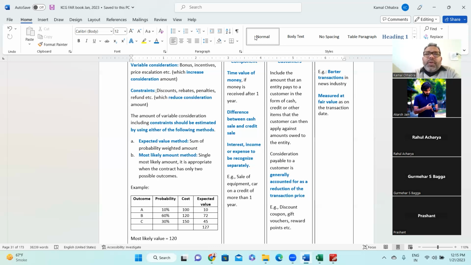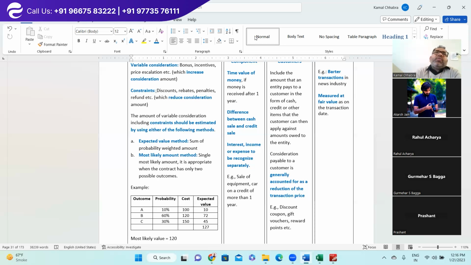For example, if you are selling 1000 cars in a year and you are estimating that approximately 600 out of 1000 will purchase the extended warranty, the answer is the more likely one, because either people will purchase it or not purchase it. There is nothing in between. Make sense? In that scenario, you will be using the most likely amount method.